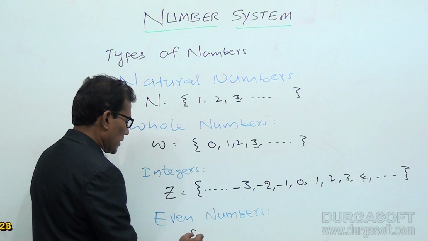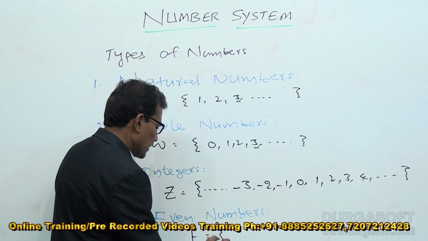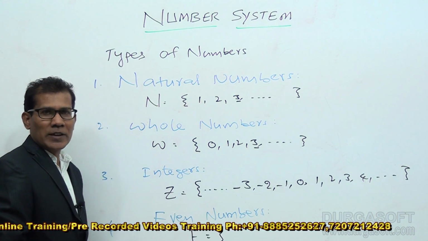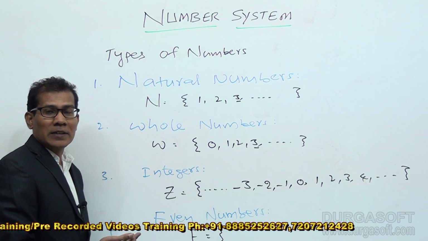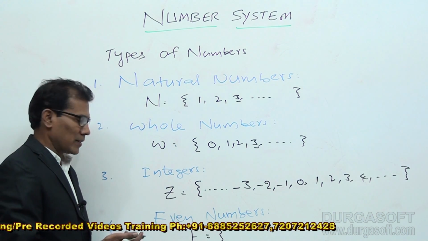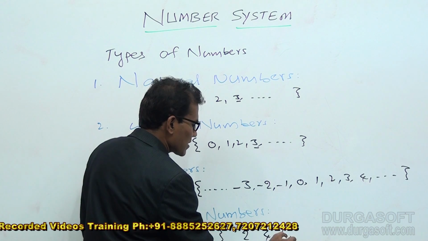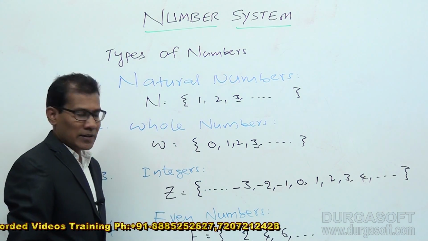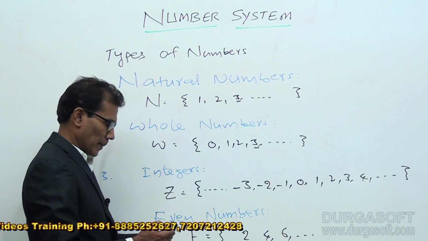Let us say E is denoted by even number. The numbers which are exactly divisible by 2 are even numbers. Usually we take the positive numbers as even, but the negative numbers also can be even numbers. So 2, 4, 6 and so on are exactly divisible by 2. These are the even numbers.